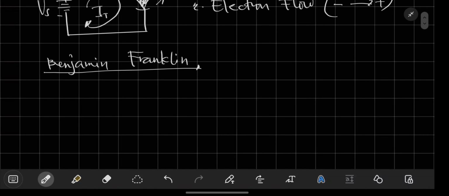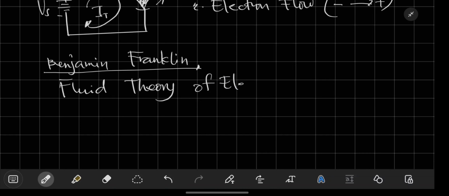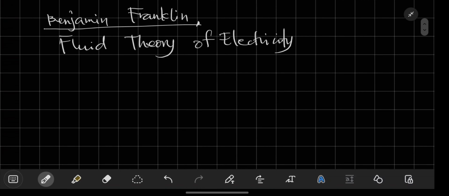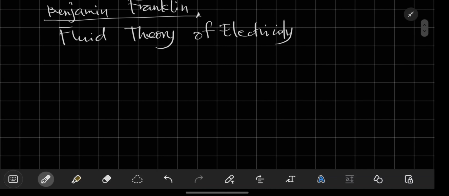So using his theory, which is called the fluid theory of electricity, okay, in his theory, he visualized that electricity is equal to an invisible fluid.